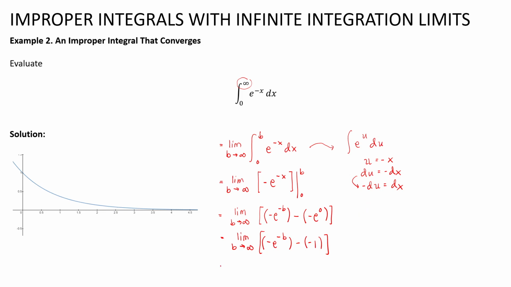So simplifying further, we're going to have the limit of b approaches infinity. So we can now simplify some terms by removing the parentheses. So this becomes negative e raised to negative b, minus 1, this is plus 1.